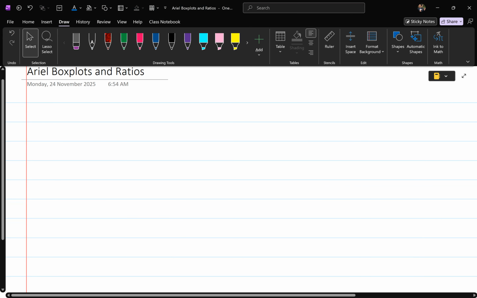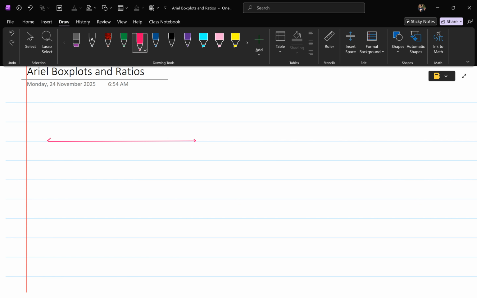So box plots: in order to draw a box plot, you need five special numbers, and they call it the five number summary. Number one, you need a minimum.